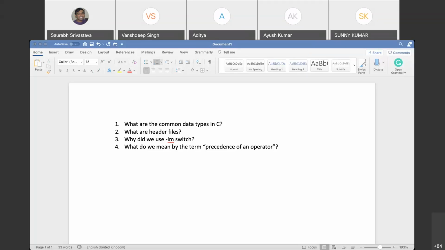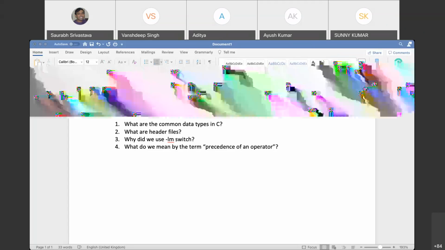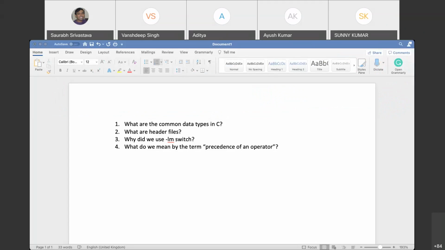Programming languages say that slash, asterisk, plus, minus, equal to, double equal to, all these are operators. They operate on some operands, and these languages define a rule which says these are the operators we are going to evaluate first, and these are the operators we are going to evaluate next. So this is the overall idea.